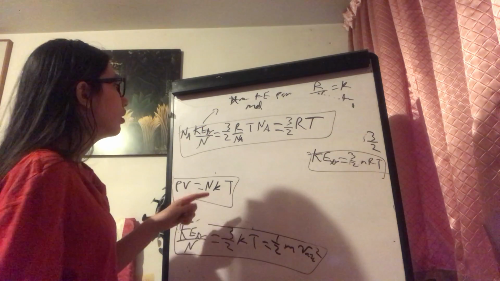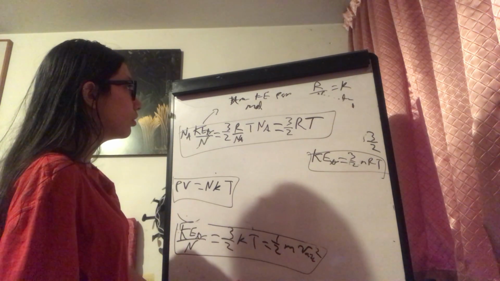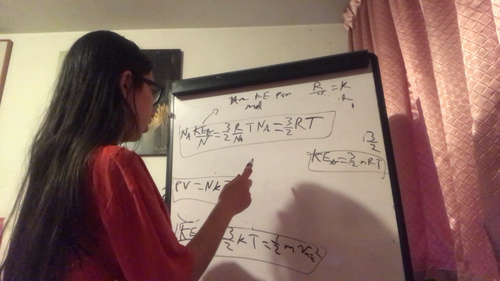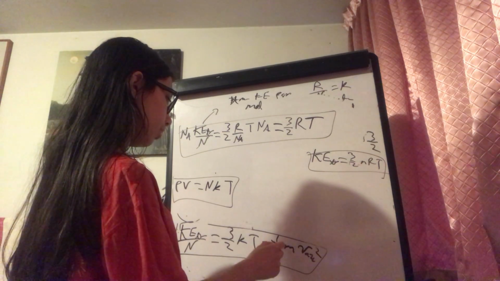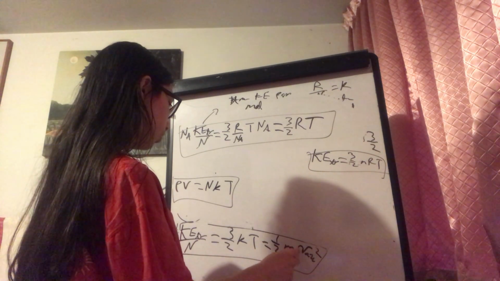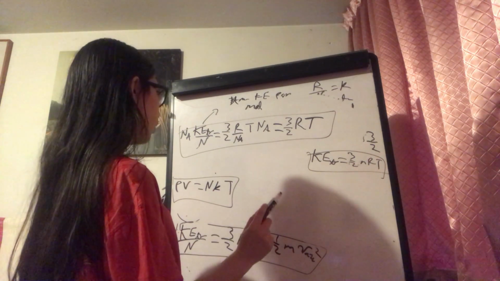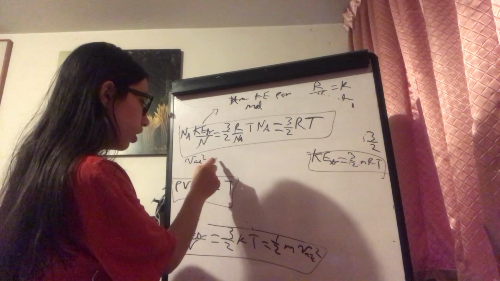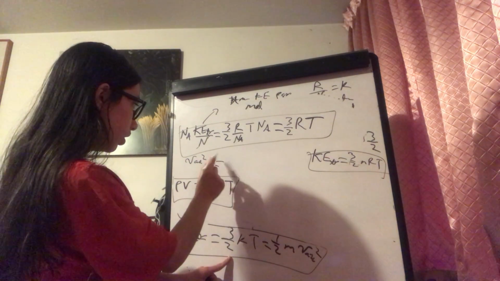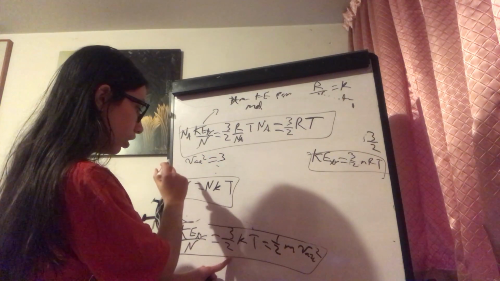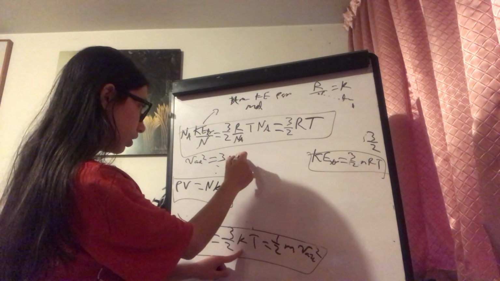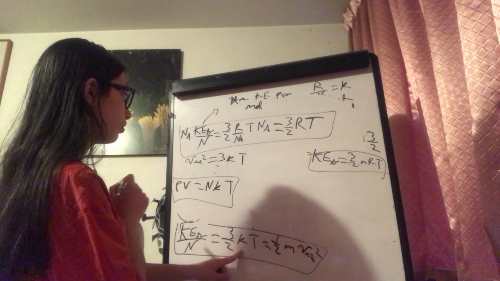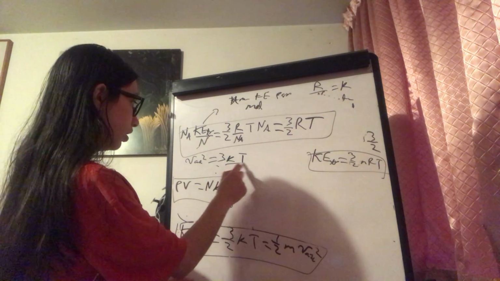Now, lastly, for the velocity. Alright, now we have kinetic energy equal to 1/2 mass times the square of the velocity. So we have that the average velocity squared is equal to 3 times the Boltzmann constant times the temperature, divided by the mass.